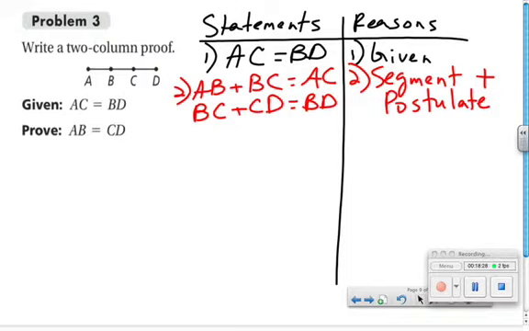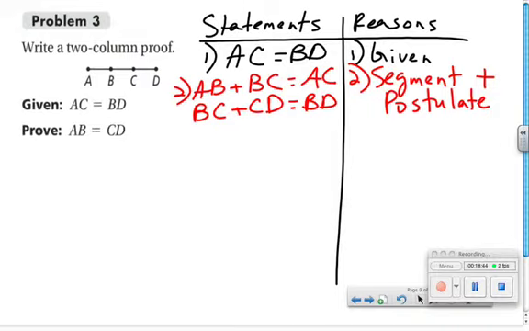I don't need to make a whole other statement. And now this is where the real brain stretching starts. Look at the 2 equations in statement 2 and look at how they connect to statement 1.